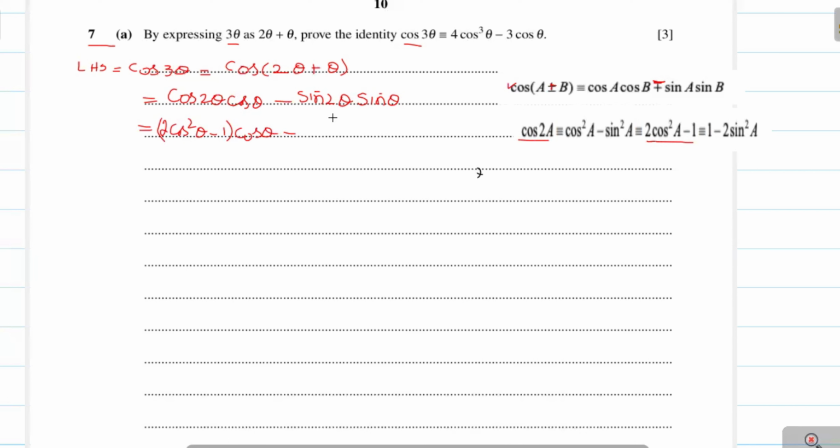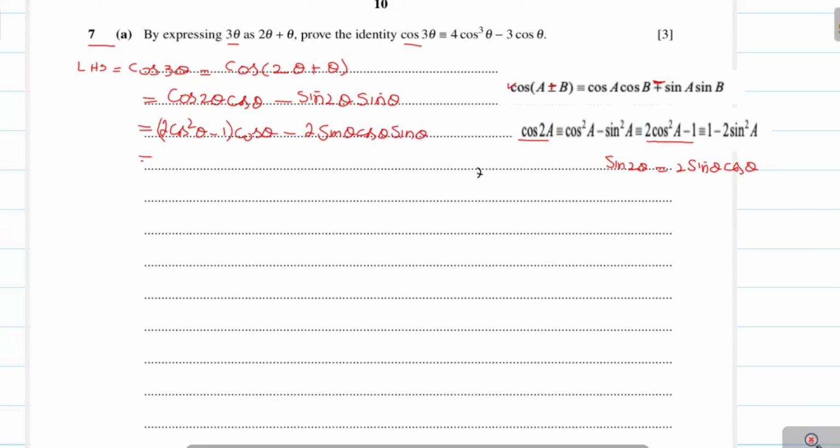And for sin 2θ, we use the formula sin 2θ equals 2 sin θ cos θ. This formula is also given in the formula sheet. Therefore, we write 2 sin θ cos θ, and sin θ is written as it is.